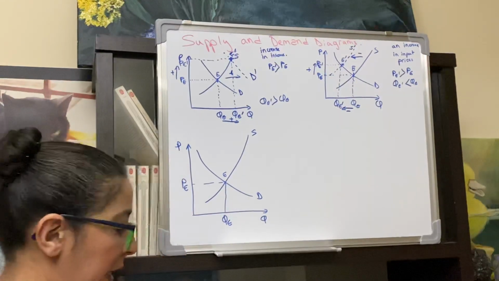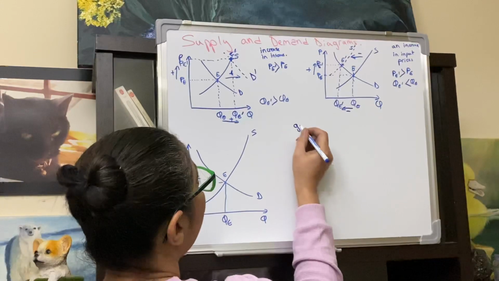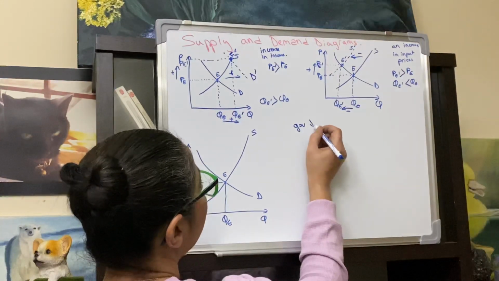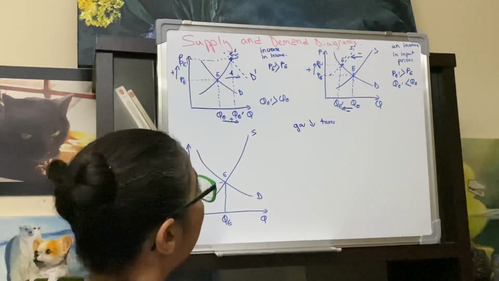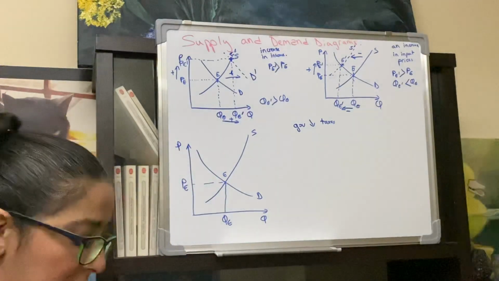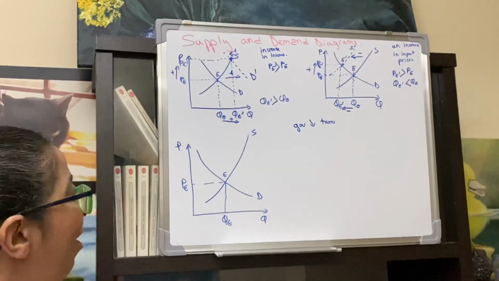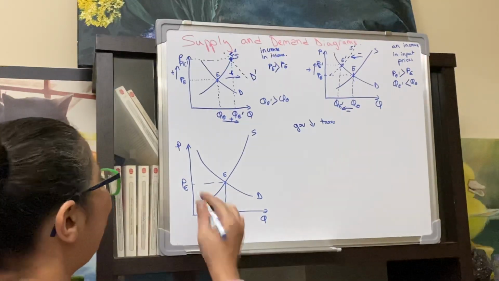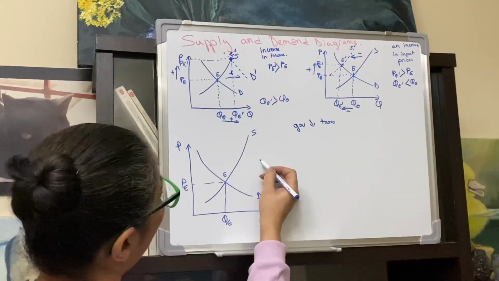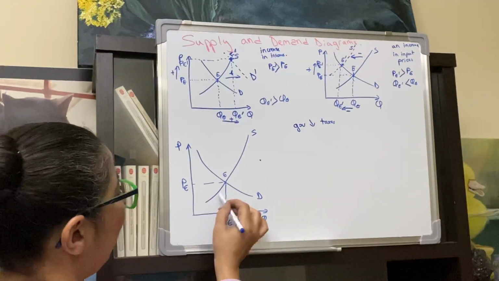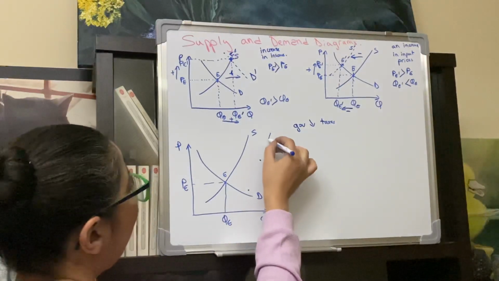Of course, in this market, the market we're studying. Government decreased taxes. What's going to happen? Suppliers are going to make more profit. Okay, good. At this price, are they going to supply this amount? No, they're going to supply more. At this price, are they going to supply this amount? No, they're going to supply more. Okay.